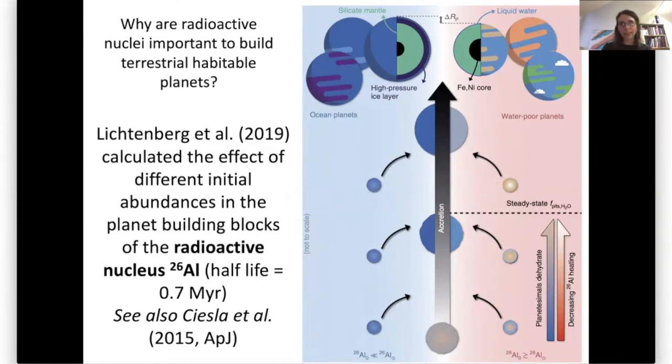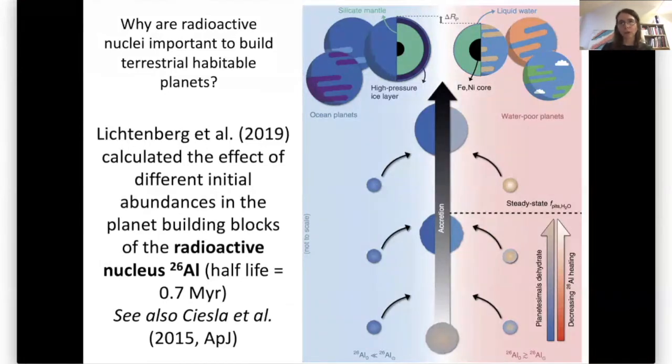So if you look on the left of the figure, it is bluish. This is the case where there's no aluminum-26 or very little aluminum-26. And if you accrete the planetesimals to make planets like the Earth, while you accrete them in this specific scenario, you keep the ice that they have inside.